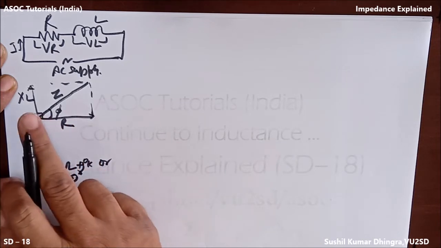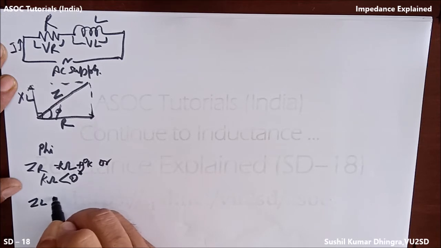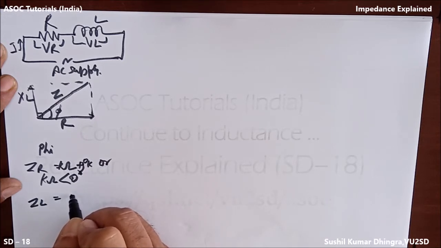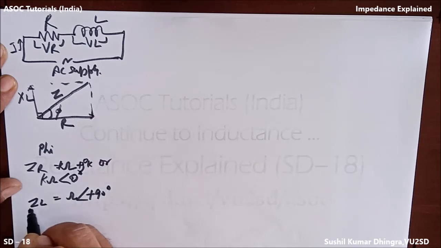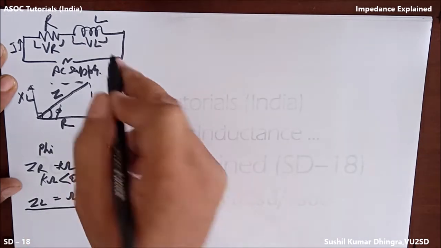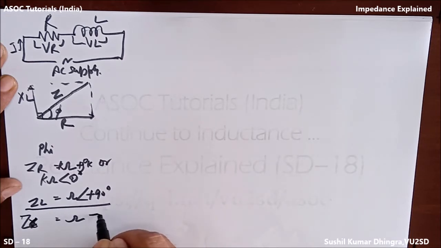But when you come to L, ZL will be an ohm value at plus 90 degrees, because there is a difference of 90 degrees. In future, when capacitance comes, Z for C will be an ohm value at minus 90 degrees. So L and C are 90 plus 90, 180 degrees out of phase. Keep that in your mind.